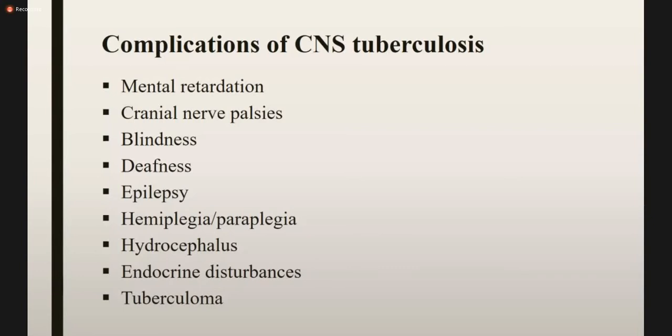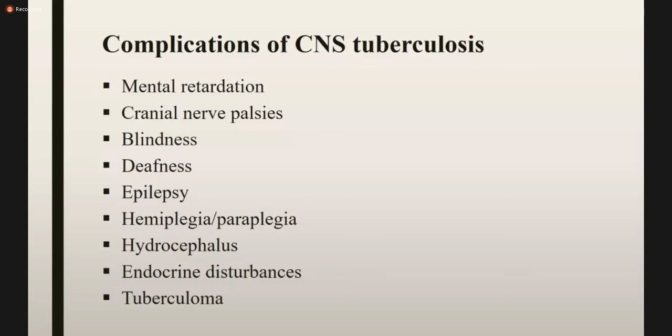Certain patients develop complications of CNS tuberculosis even if they are started on treatment, or if they are not started on treatment, there are chances of mental retardation, certain deficits, and persistent cranial nerve palsies. They may develop blindness and deafness because of involvement of these areas, and may develop an epileptic focus, and later on symptomatic epilepsies.